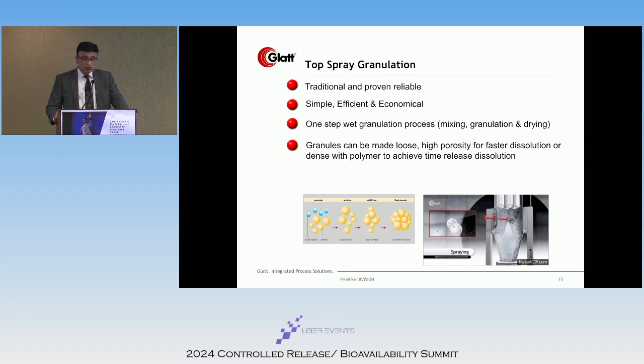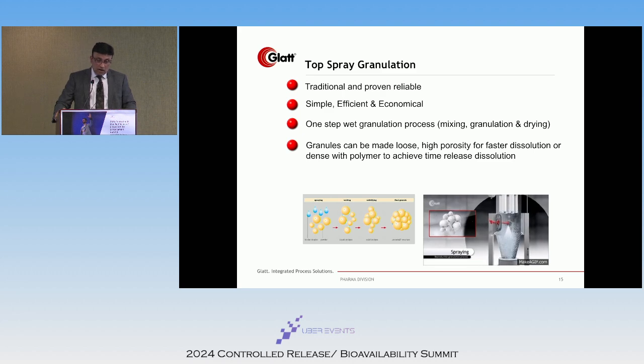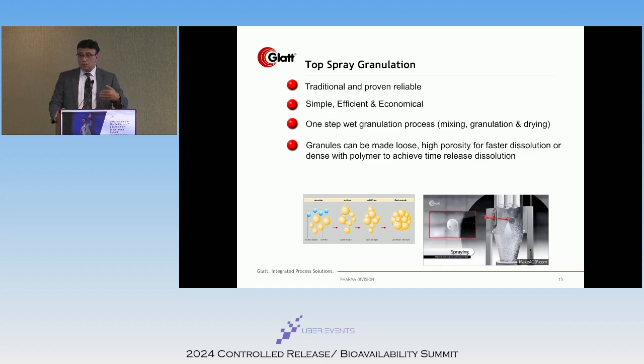Now, granules can be made loose if you would like to have higher dissolution. You can produce highly porous and floppy granules which will go into solution faster, and then you can apply different types of polymer on top in order to achieve the desired expectation you have.